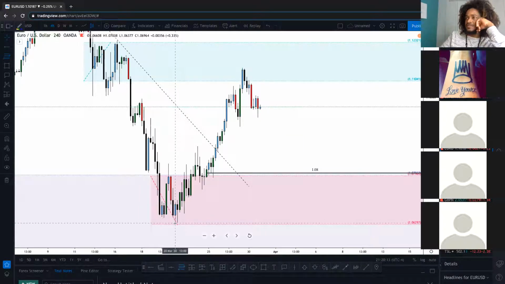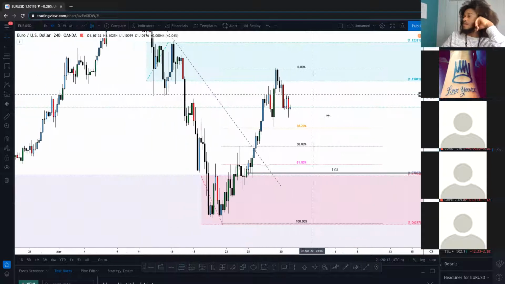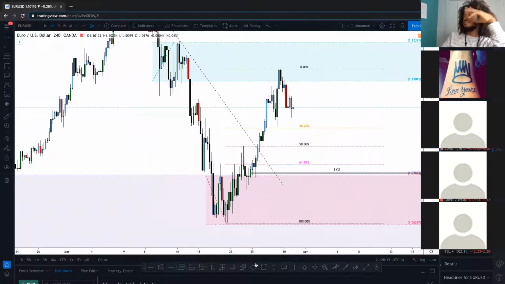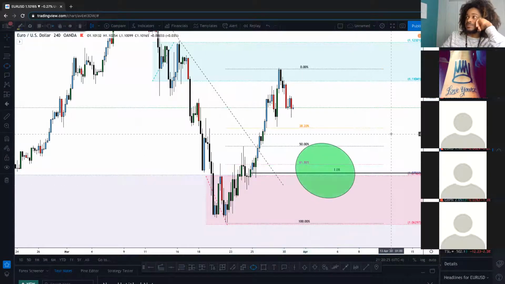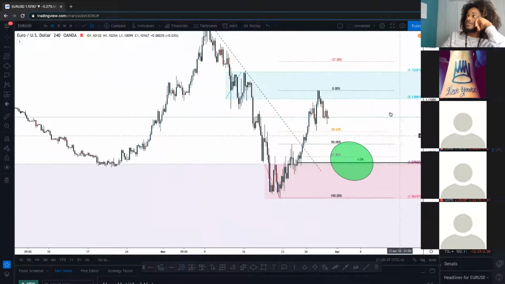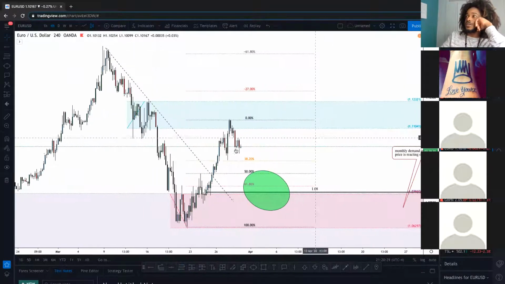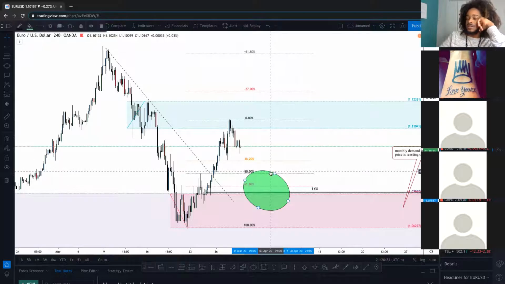Maybe we can see what the Fibonacci tells us. Okay, so we know we have several confluences to enter in this area. So we know this is a high probability area to go long, right? So what we're gonna do, we're gonna wait for the market to retrace to this area to go long.